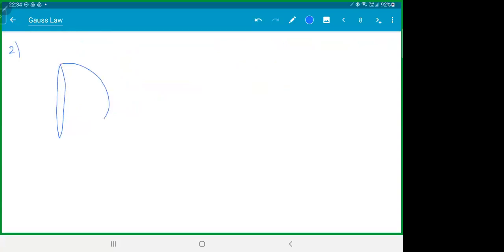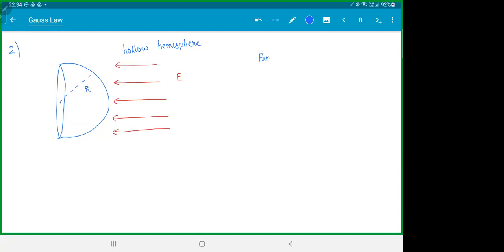So we got a hemisphere, and we have a uniform field E bar. And this radius is R. Find the flux passing through the curved surface.